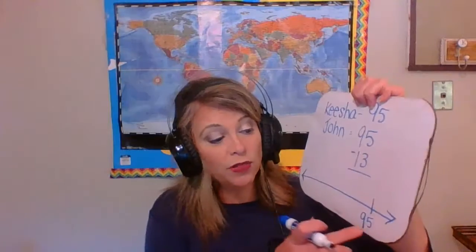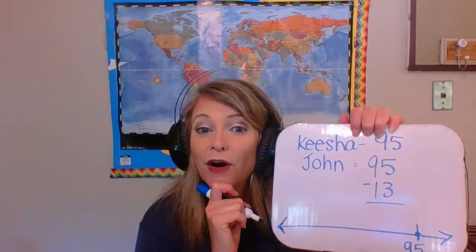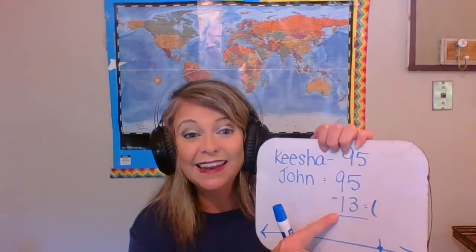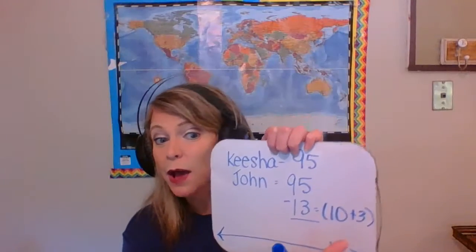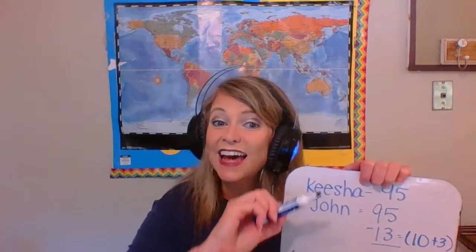The number line is going to start with the number that we know, 95. Now, do you remember how we can break apart 13? What are the ways we can break apart 13? Well, it's got 1 ten and 3 ones. So I'm going to write that to the side, 10 plus 3. If I know that I've got a lesser number, I need to go back.